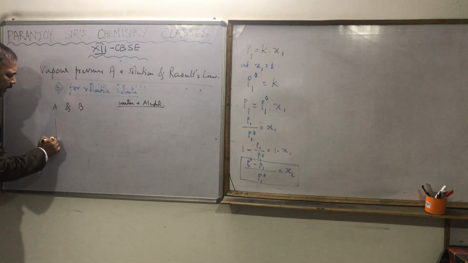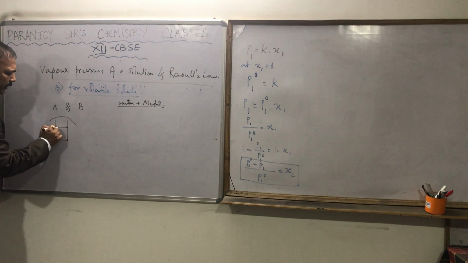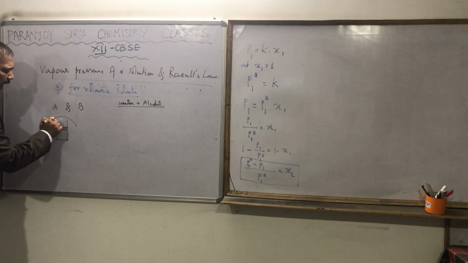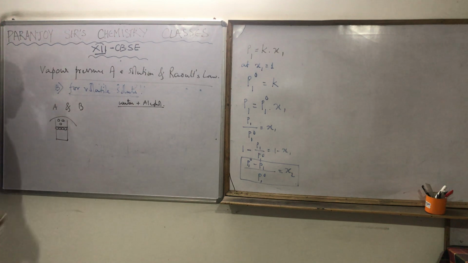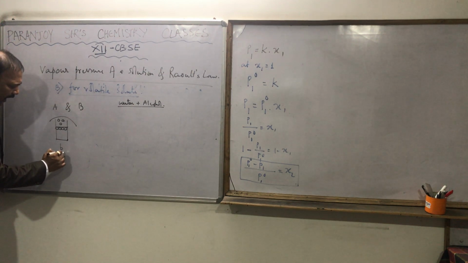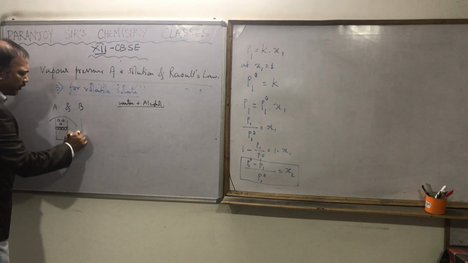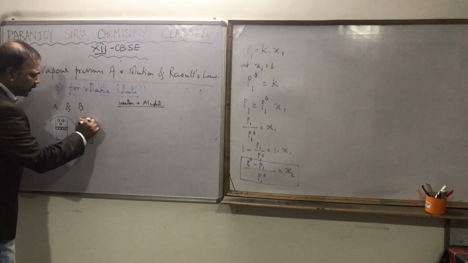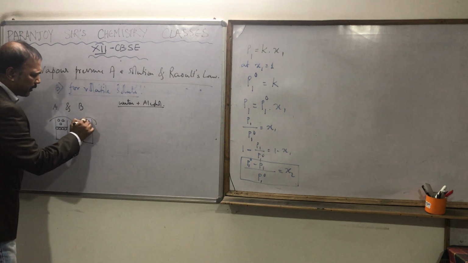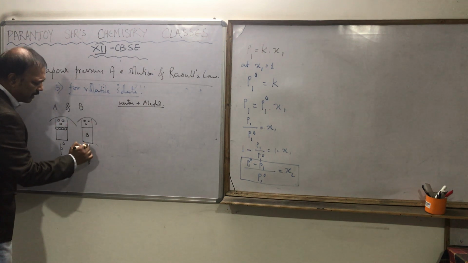Now suppose we have taken some amount of A, then the vapor pressure is because of A only. And obviously we are going to represent it by the vapor pressure of A in its pure condition. When we take some amount of B only, then the vapor pressure is represented as PB naught.